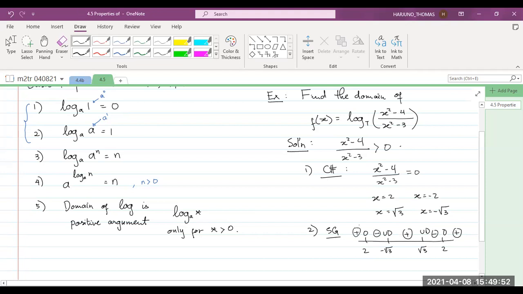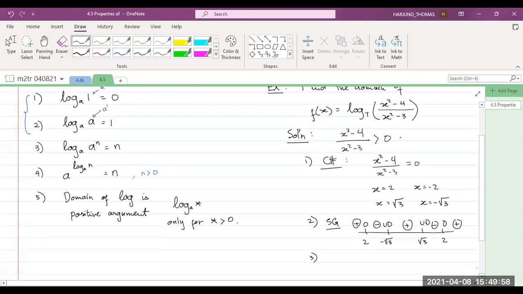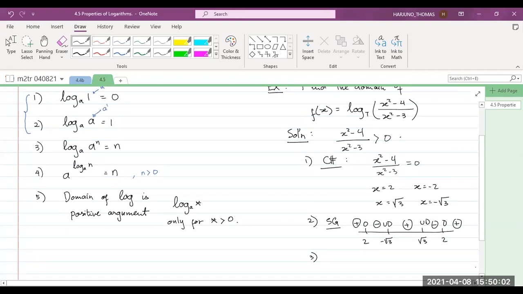That's the sign graph. I do it fast. You can confirm later on. I just show you that what we learned before with that inequality is very useful in finding the domain. To solve an inequality which is not linear and not absolute value, you need to go through these 3 steps here.